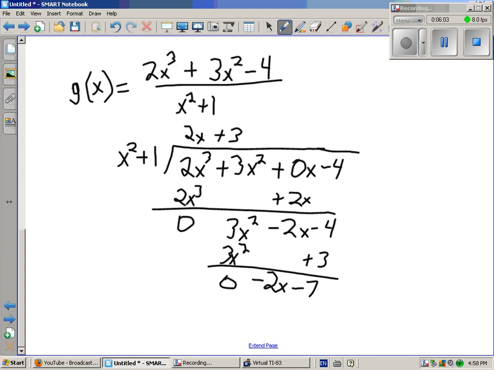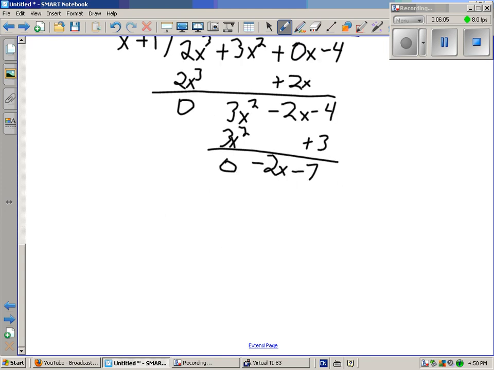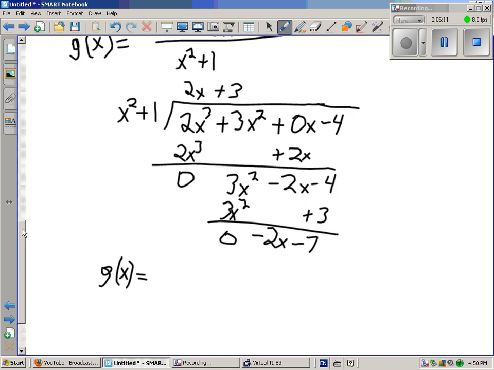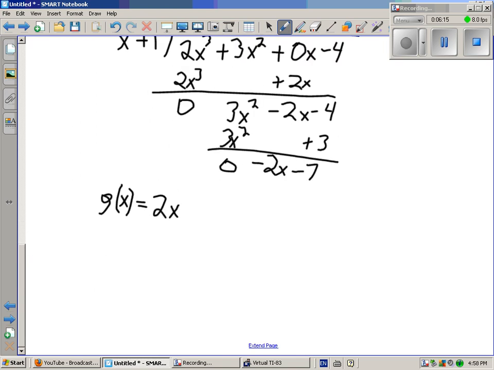Okay, so when we divide that out, what we wind up with is our function is equal to this 2x plus 3, and then plus our remainder, which is negative 2x minus 7, divided by x squared plus 1.